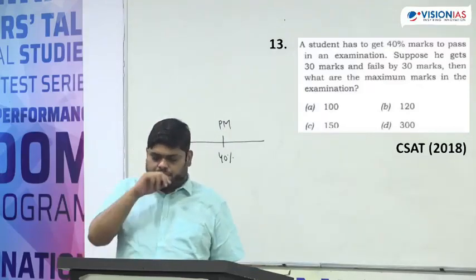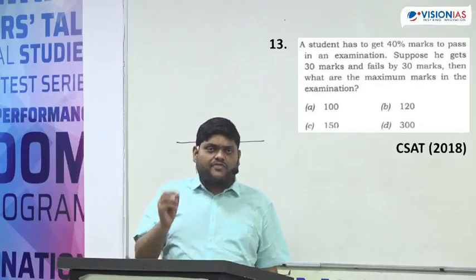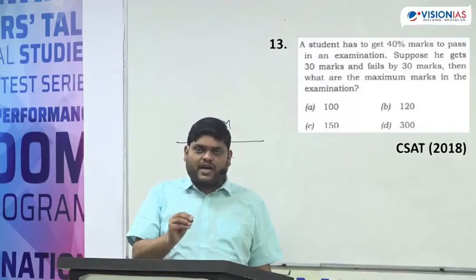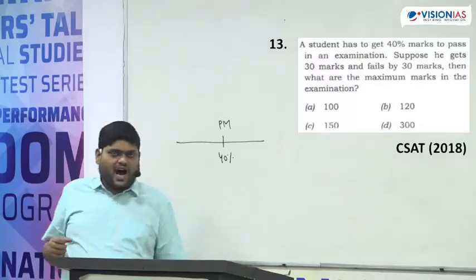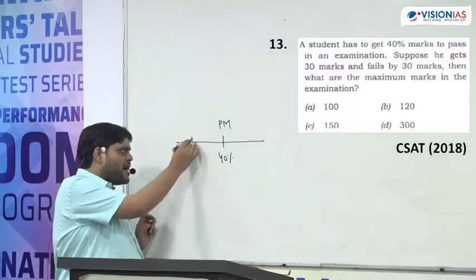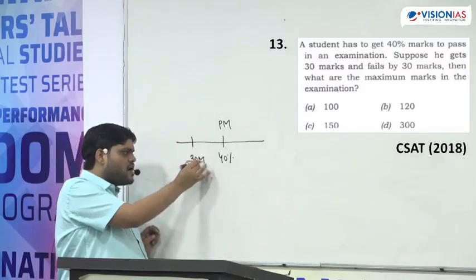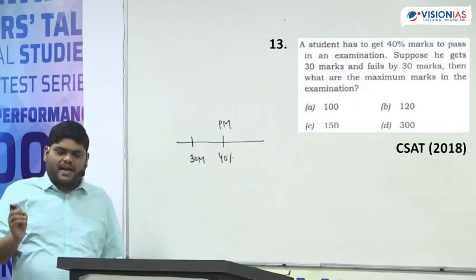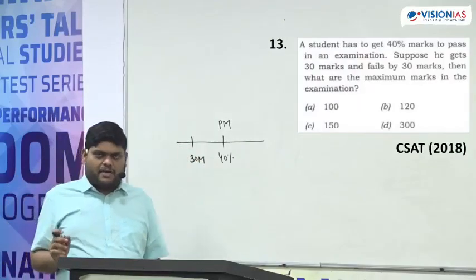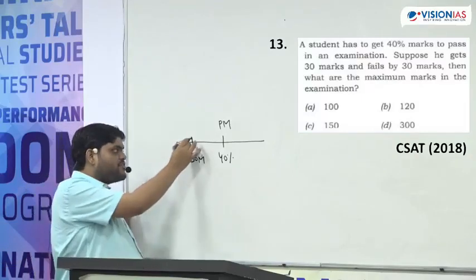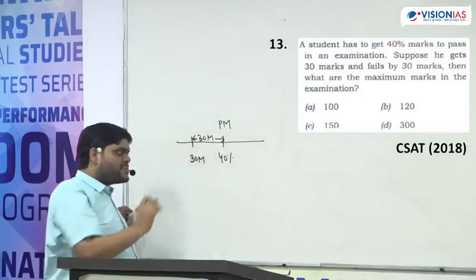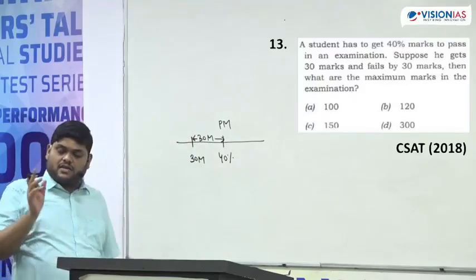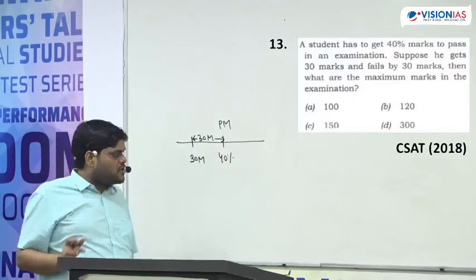That means if he would have got 5 more marks, he would have passed the examination, or not? Same logic here: a person is getting 30 marks and failed the examination by 30 marks. That means if he would have got 30 more marks, he would have passed the examination, or not?